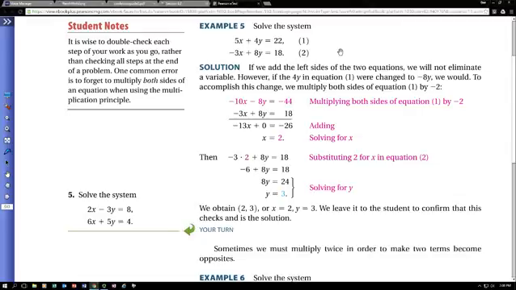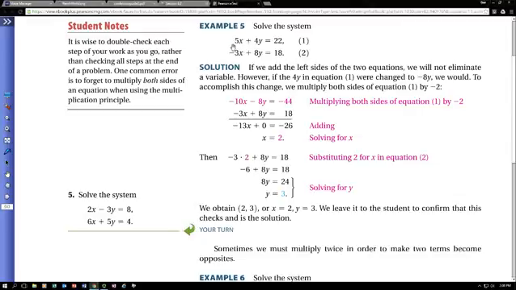So what they're doing here is saying, maybe we could manipulate equation 1 so that this 4y turns into the additive inverse of 8y, which would be negative 8y. Well, what would I have to do to take 4y and make it a negative 8y? I'd have to take it times negative 2.